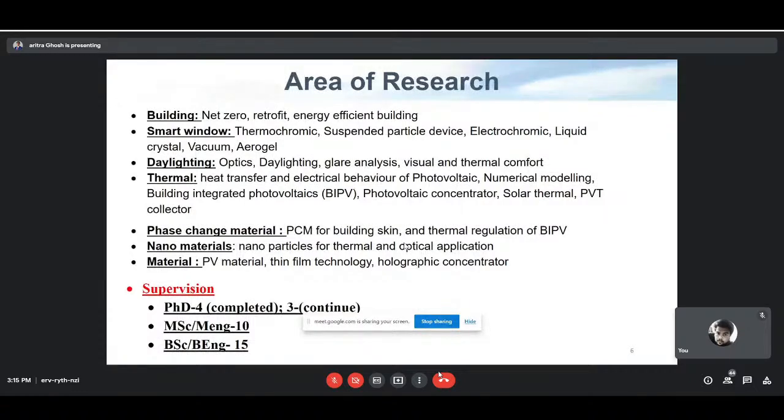These are my areas of research: building, smart window, daylighting, thermal, phase change material, nanomaterial. So I work on the application side, and I also develop new materials for solar energy applications. So far I have supervised 4 PhD students, and 3 are currently working.